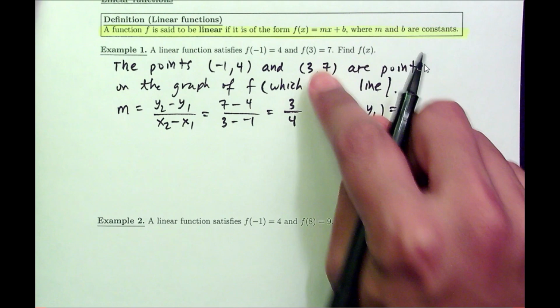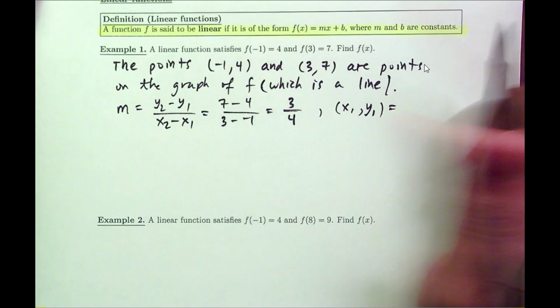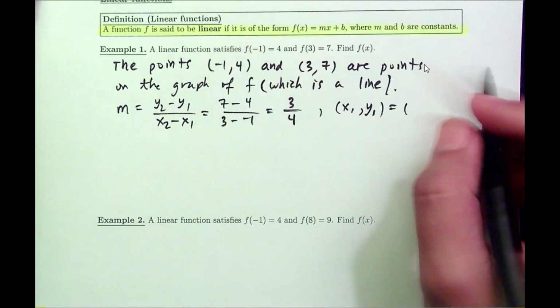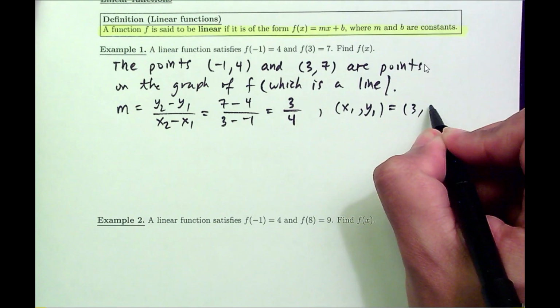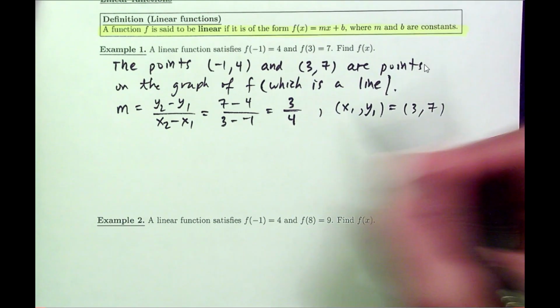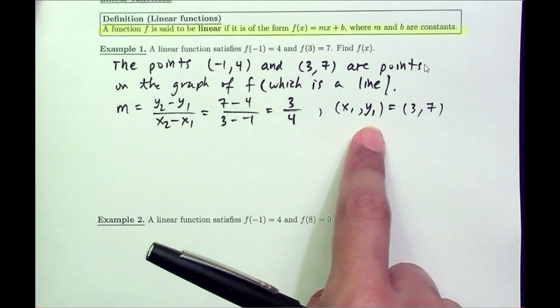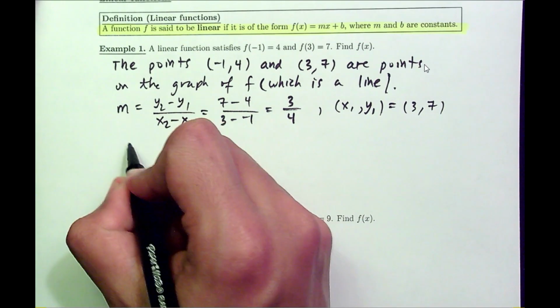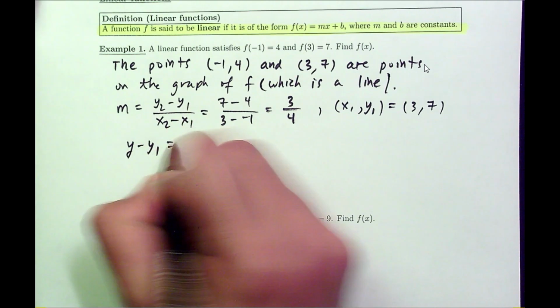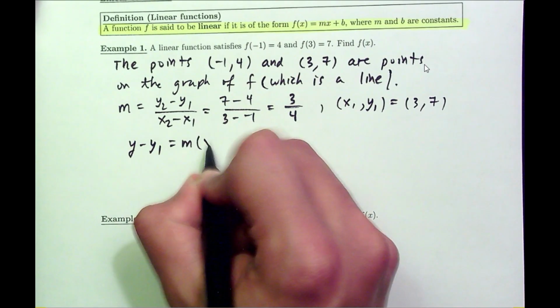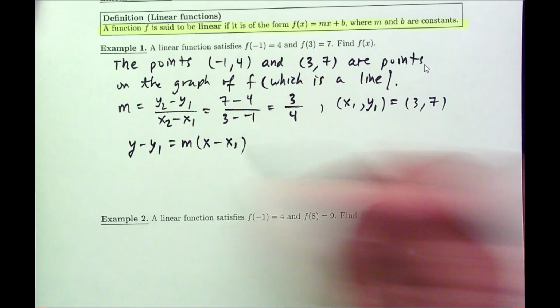So I'm going to use this one instead of that one because I want to avoid negatives. So this is going to be my point, and I'm going to use that one when I plug it in the formula, the formula being y minus y1 equals m times x minus x1.